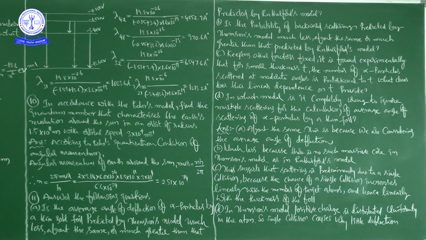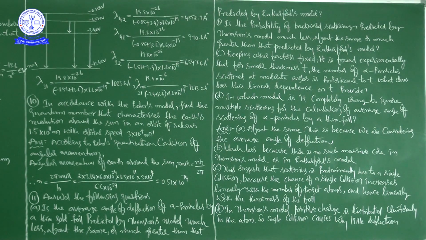So what he is saying is, keeping the other factors fixed, the number of alpha particles scattered at moderate angles is proportional to the thickness t. What clue does this linear dependence on small t provide?